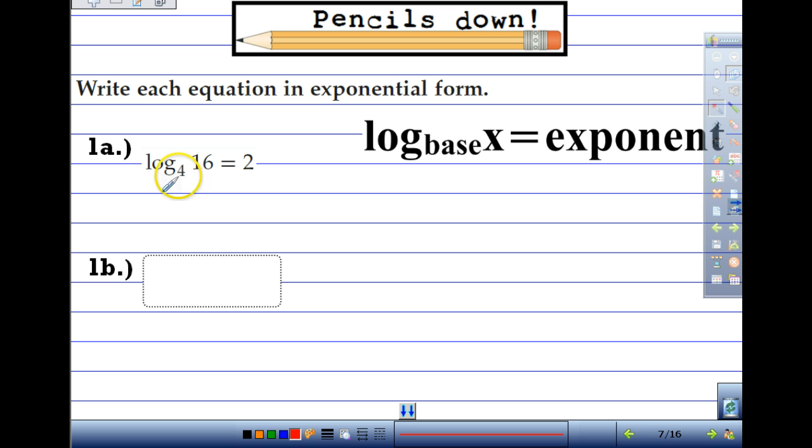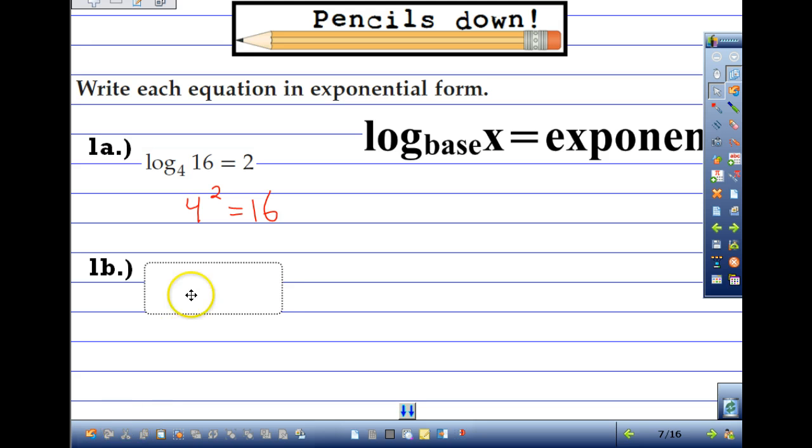Oh yeah, 4 to the second power equals 16. So it's just rewriting this basic thing that you already know in this new format, because once we don't know the exponent, we'll be able to solve for it. So we can convert back and forth from exponential form to logarithmic form as needed. We'll be doing that an awful lot, so we'll get really good at it.